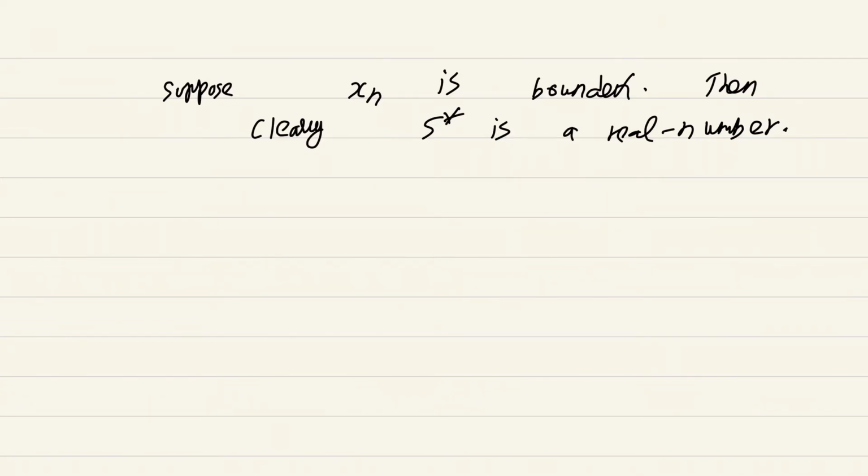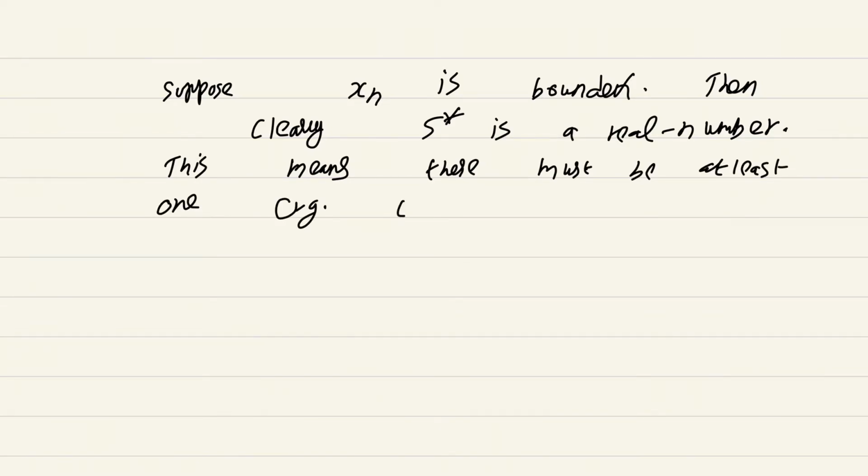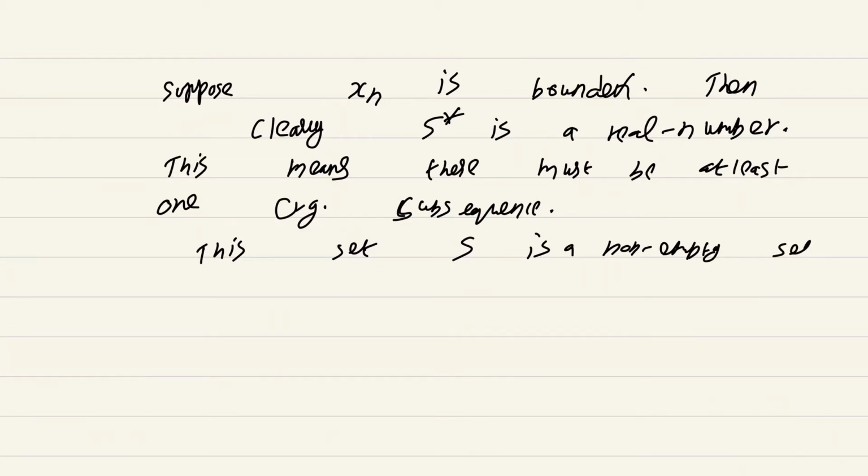Now this means there must be at least one convergent subsequence. This is just the Bolzano-Weierstrass theorem. Any bounded sequence must have a convergent subsequence. So this set S is non-empty, a non-empty set of real numbers.